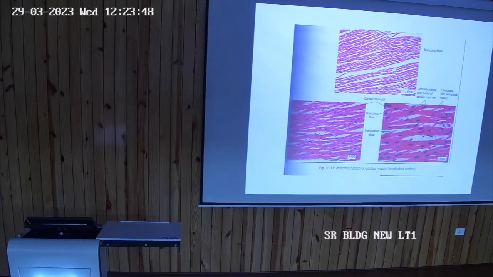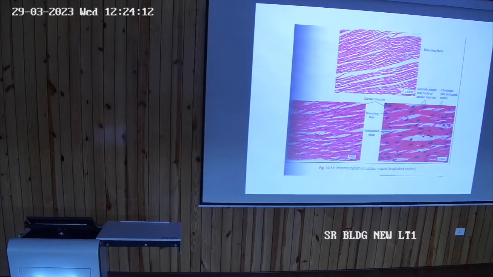I will tell you its importance and where you find it. The intercalated disc is seen at the junctional point, and its purpose is that it transmits the impulse from one cell to another cell immediately.